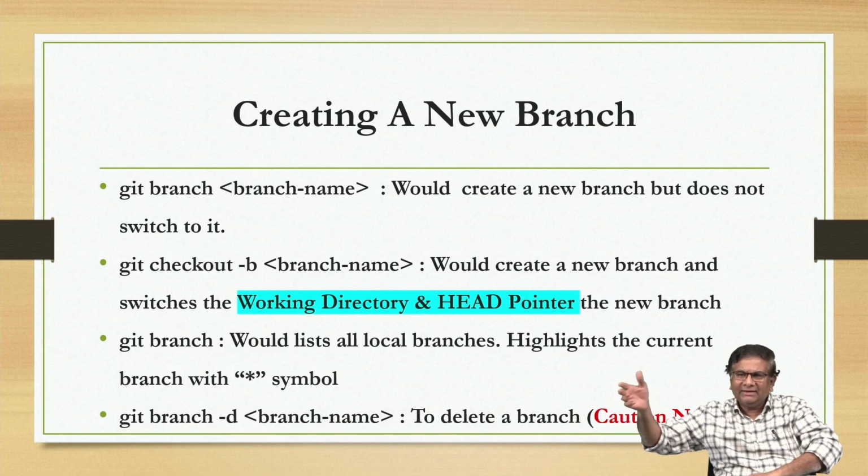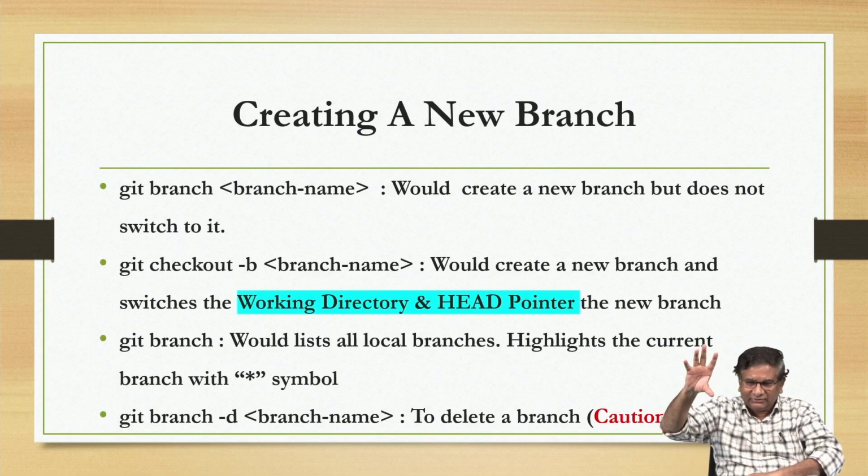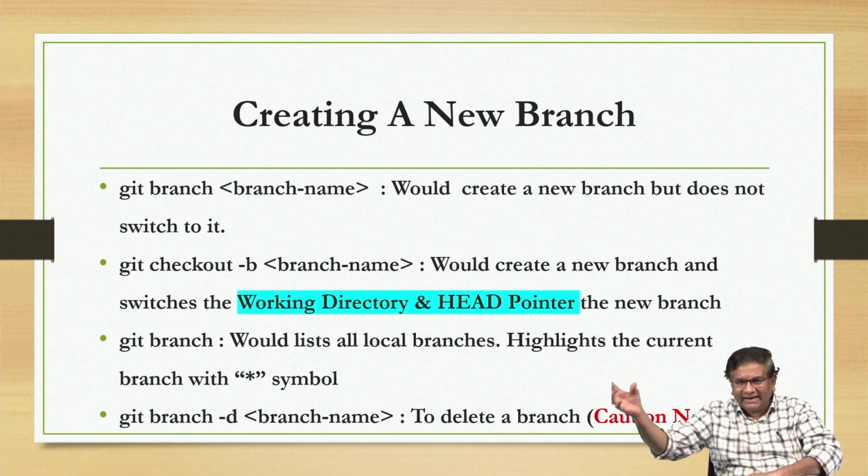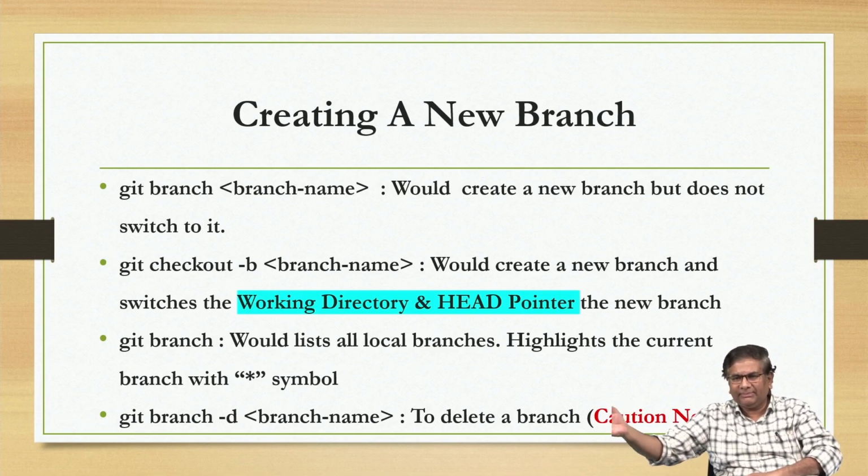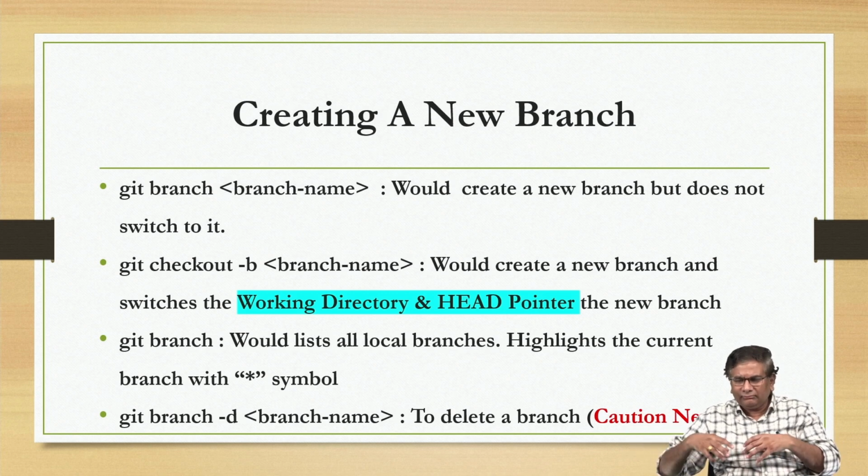Similarly for Mr. X, he creates his X branch and the main code is deemed to be in his own branch. So both of us have the same main code initially, right?